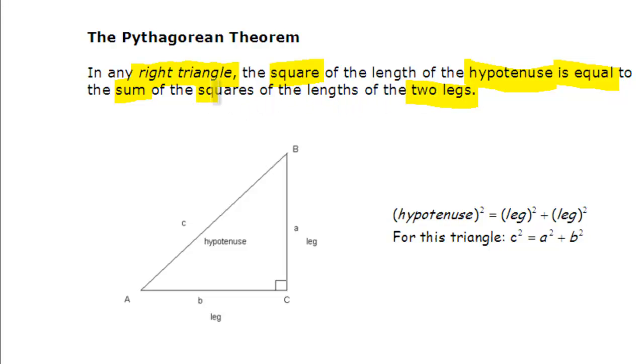Usually it's written this way: c squared equals a squared plus b squared, and that would apply to this triangle where the hypotenuse is the longest side.